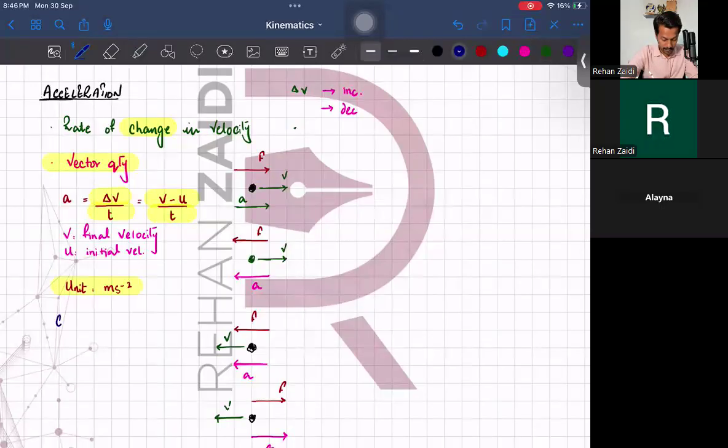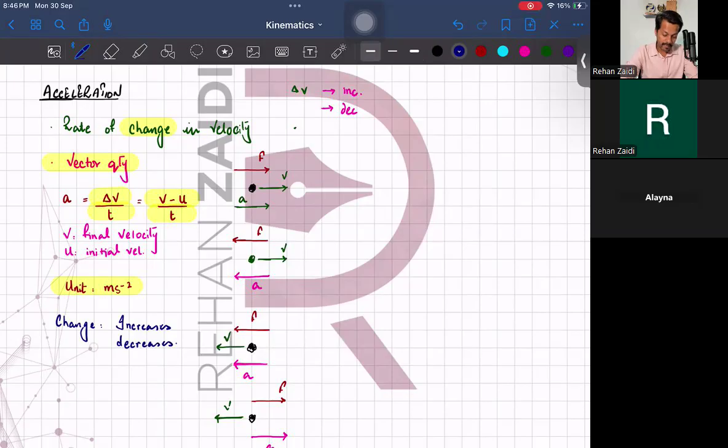Now, how could a change be noticed or measured? If the velocity increases, that is a change. If the velocity decreases, that is again a change in velocity.